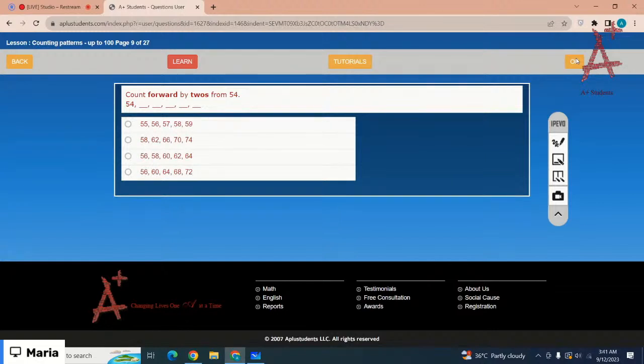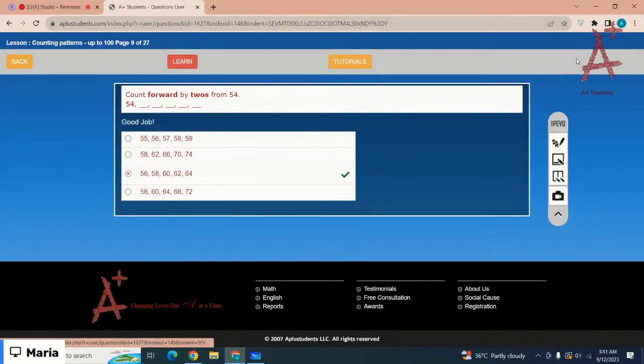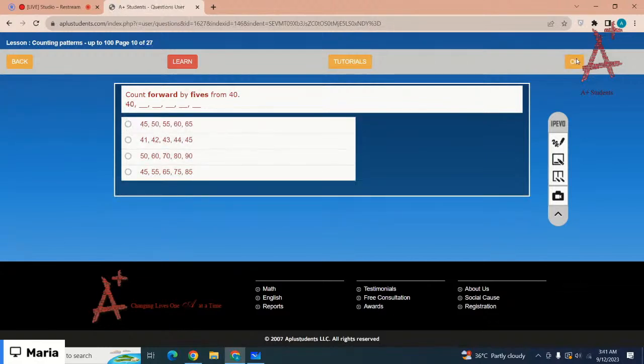Count forward by twos from 54. So which is the correct option? That would be option number 3: 56, 58, 60, 62, and 64. Count forward by fives from 40. So which is the correct option?